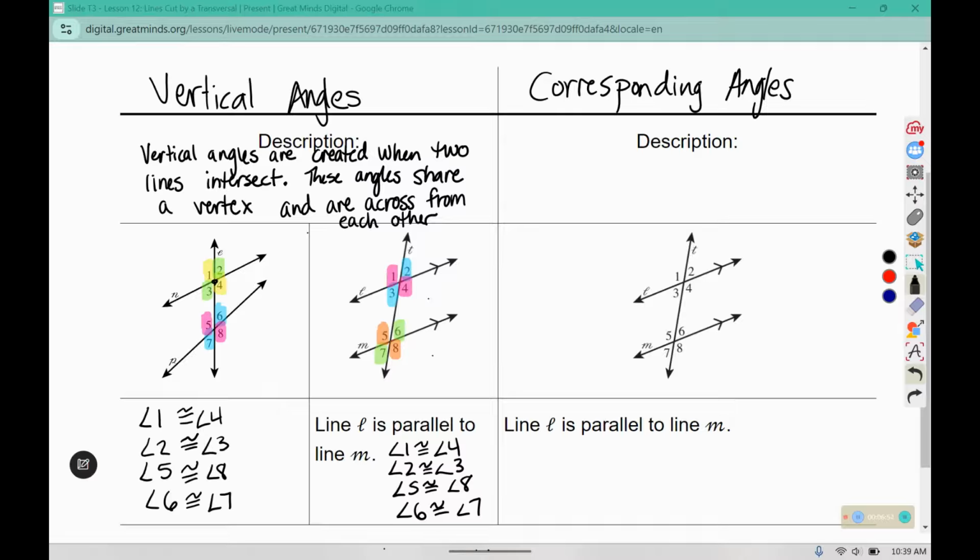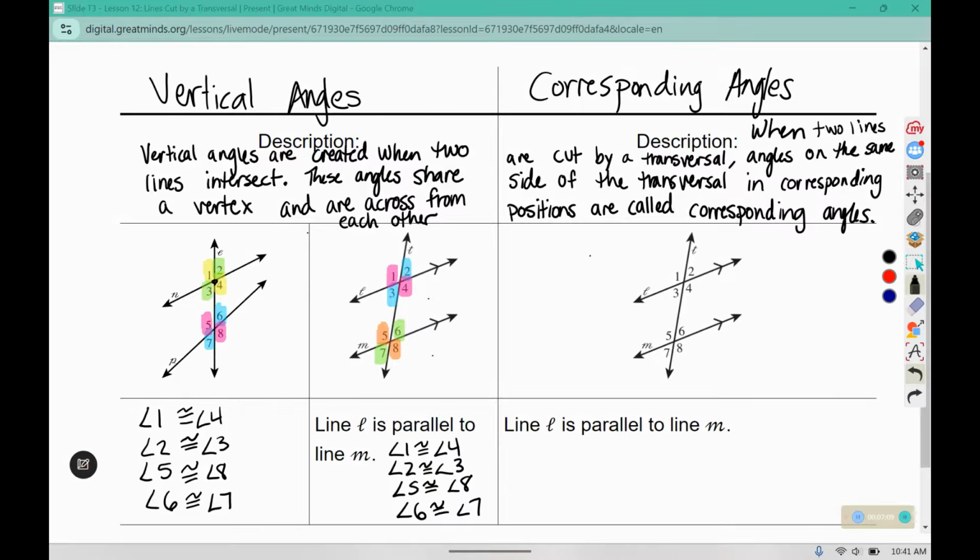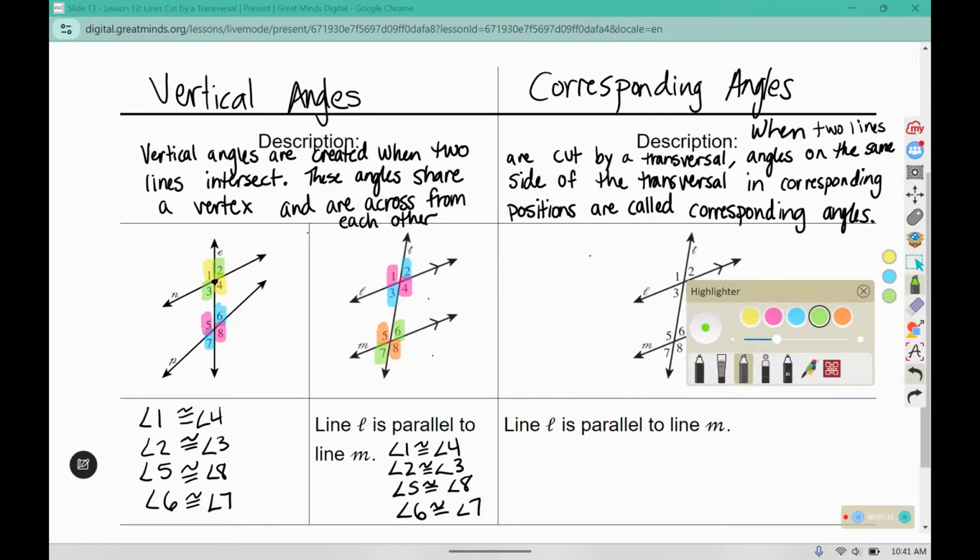Angles on the same side of the transversal, in corresponding positions, are called corresponding angles. So I'm going to write that definition here in the description for you. And we will highlight them in the diagram.